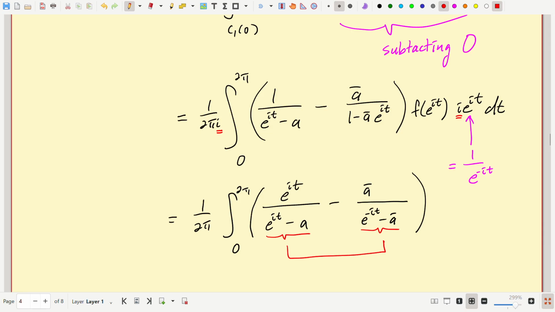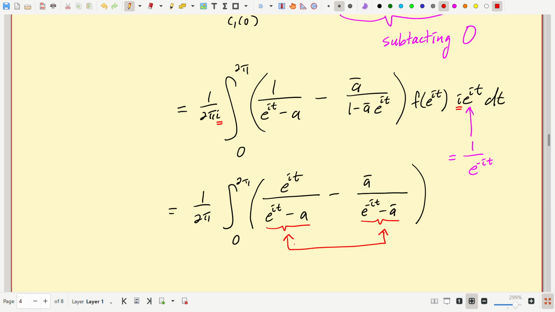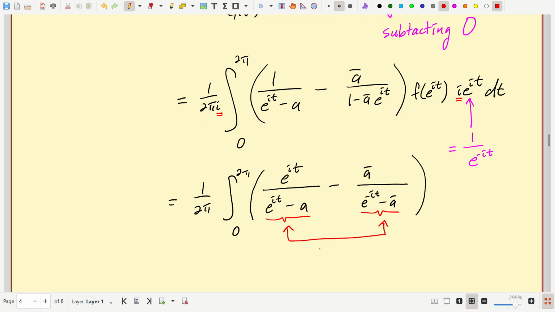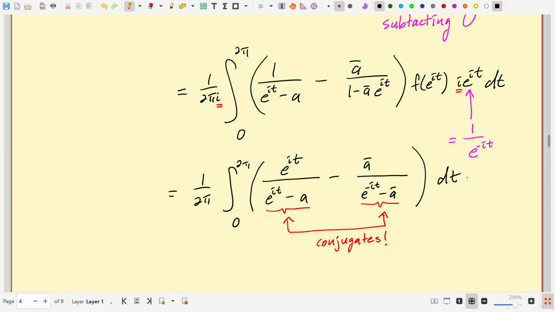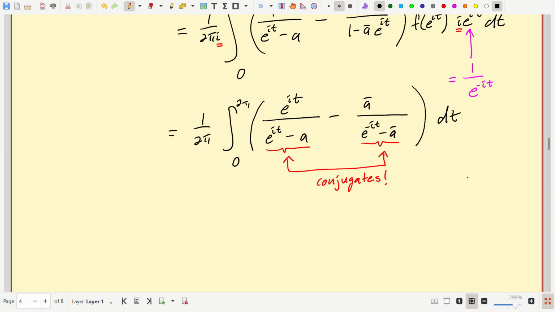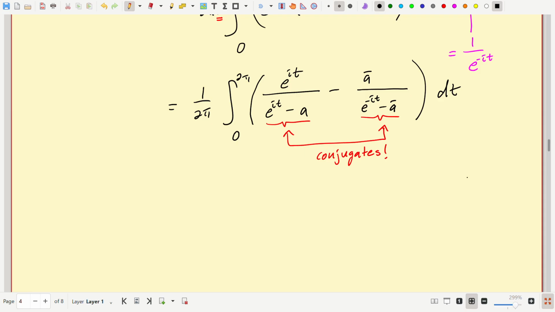Anyway, it's just algebra. I should have said that in the beginning and skipped all this. Conjugates. And I get a dt. And now finally, when I do the cross multiplication, that better be there, f of e to the it.